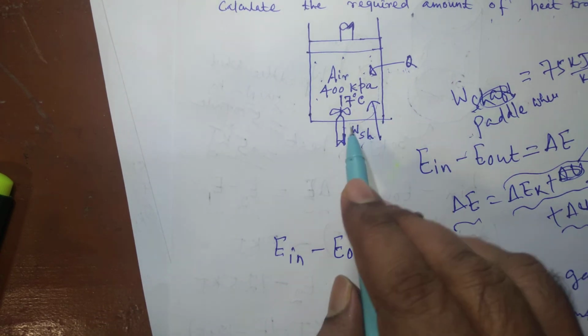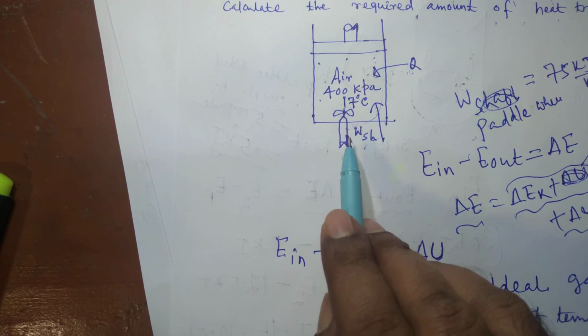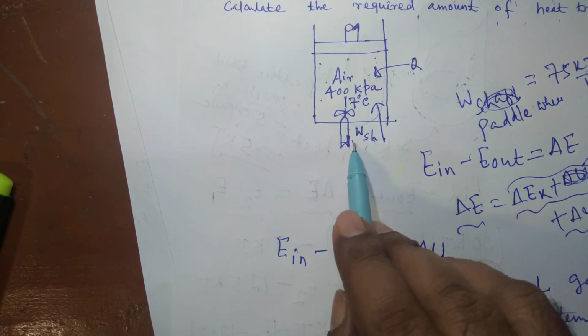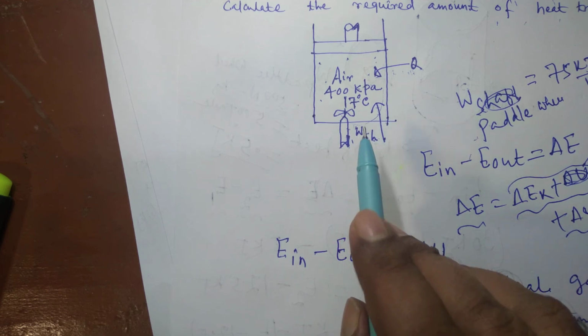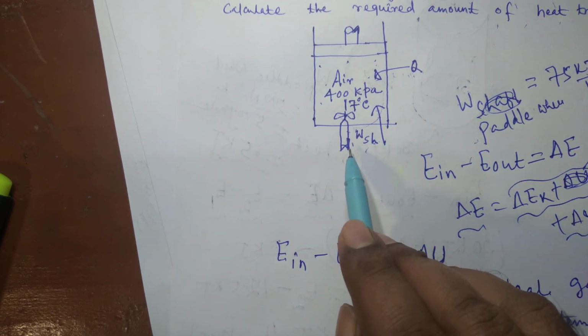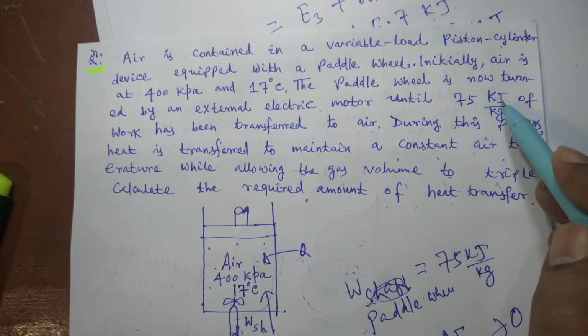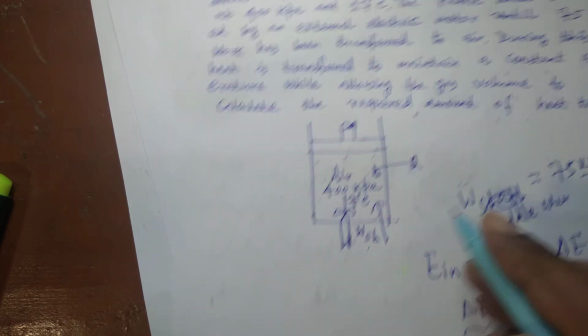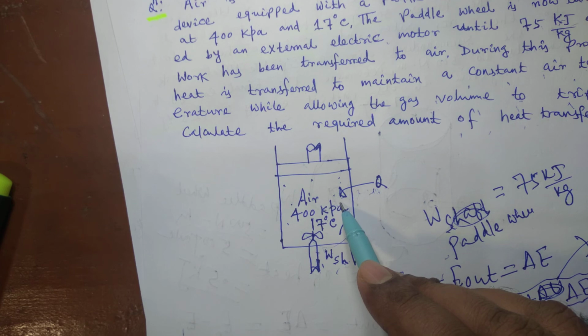And you see, E in in this case is steering work or shaft work, that is paddle wheel work. Paddle wheel work input is given to be 75 kilojoule per kg, and this heat is also input to the system.